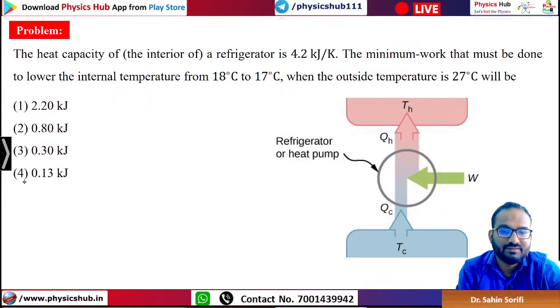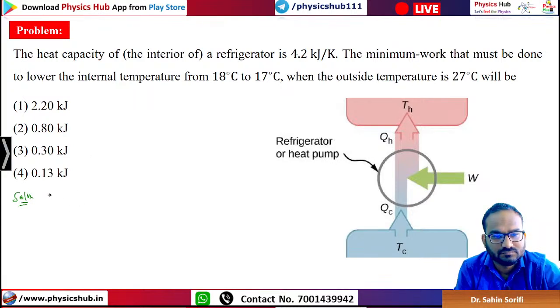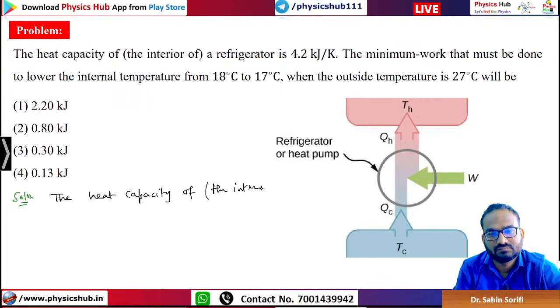You are given the heat capacity, which is mc, 4.2 kilojoule per Kelvin.